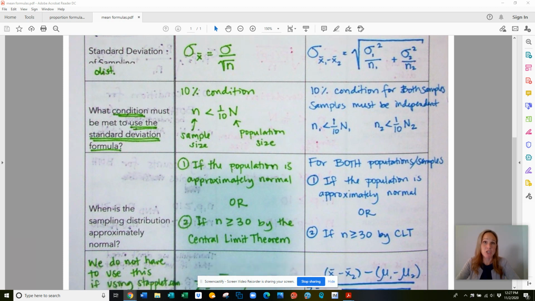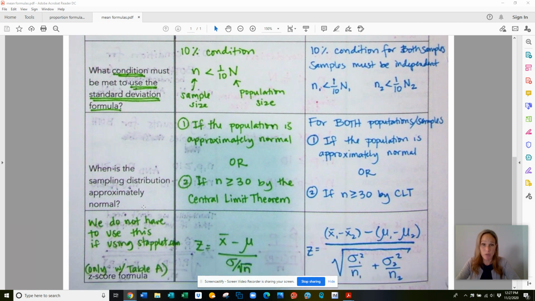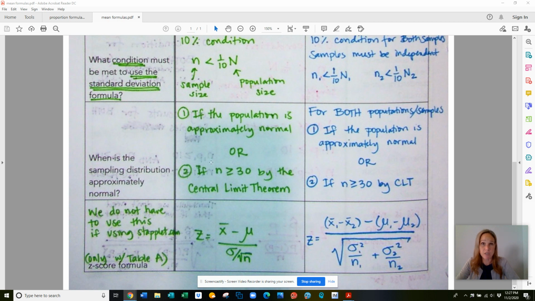However, if the population is skewed left, skewed right, something weird going on with it, we know that as long as n is large enough, and in this case, according to the central limit theorem, if n is greater than or equal to 30, we can safely say that the sampling distribution will be approximately normal. So either one of those conditions can be met. Sometimes both conditions are met, but you want to make sure that you're clear to state at least one of those when you say that the shape of the distribution is approximately normal.